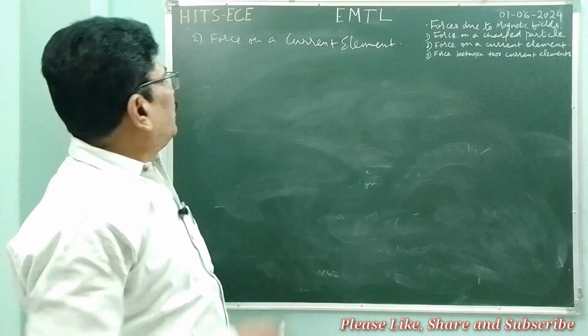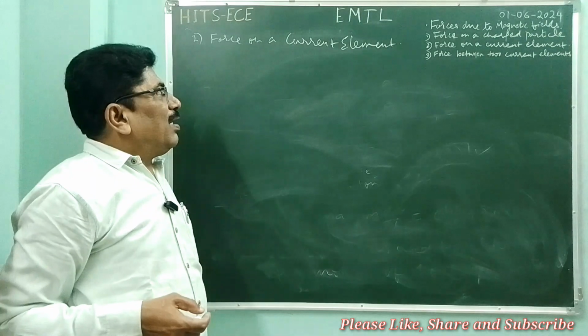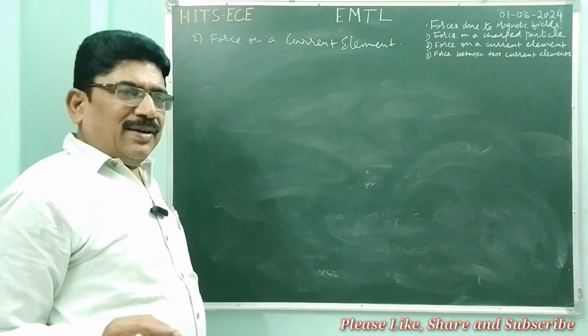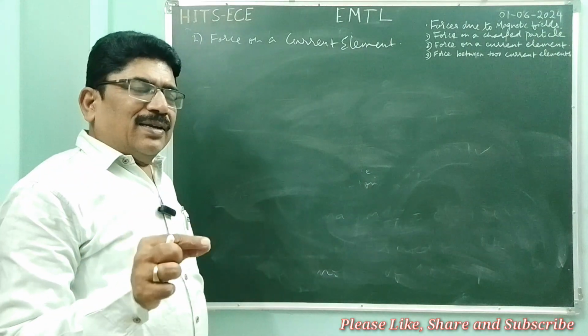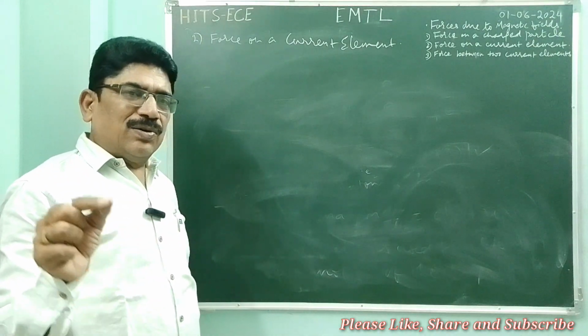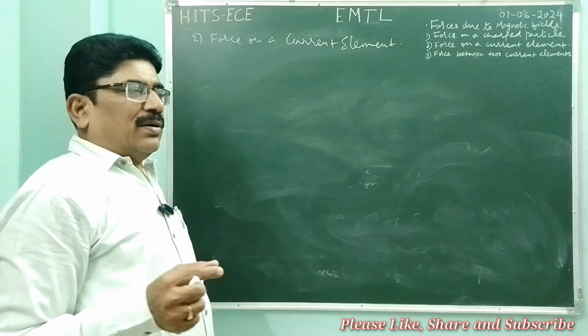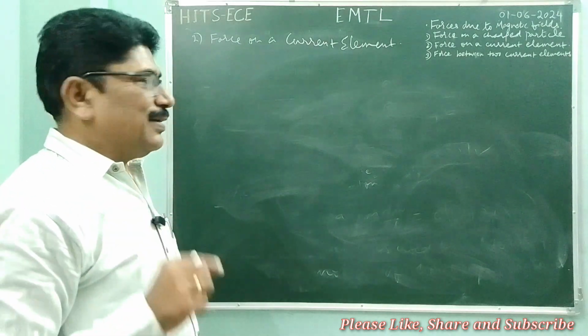To determine the force on a current element of a current carrying conductor, we should recollect that I dL is equal to K dS is equal to J dv. We should recollect that equation.